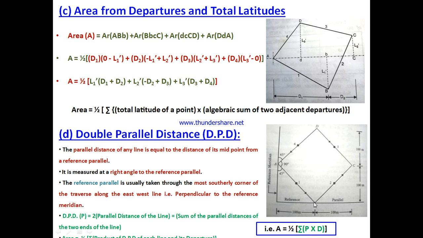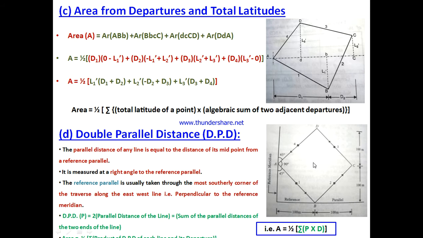From this reference parallel we now calculate different values for each station A, D and C. Generally the parallel distance is a right angle, or perpendicular, to the reference parallel, like the distance from C to here, which is perpendicular to the reference parallel.